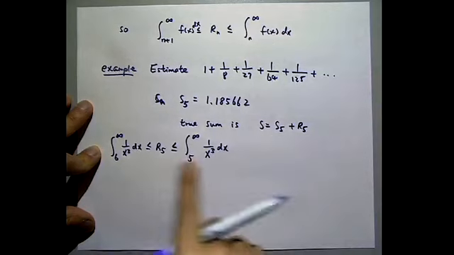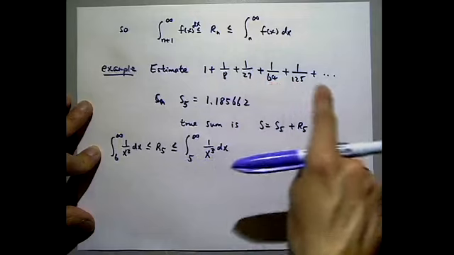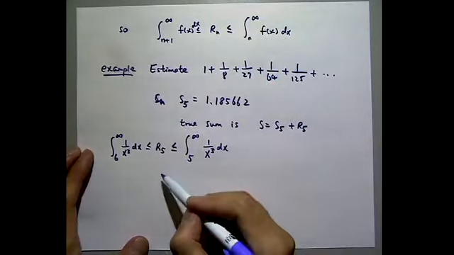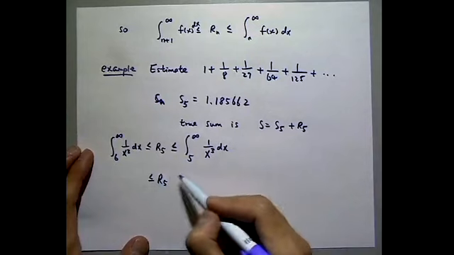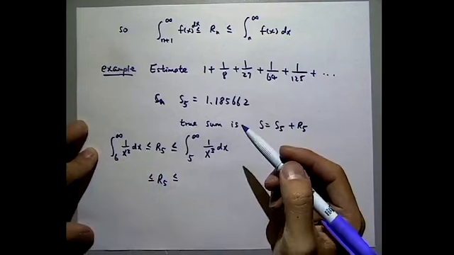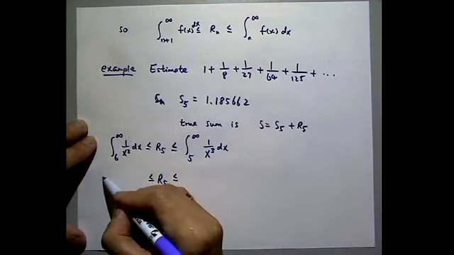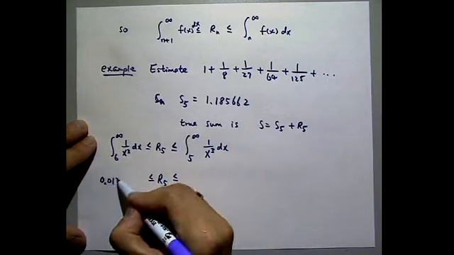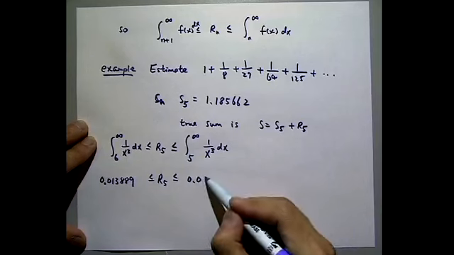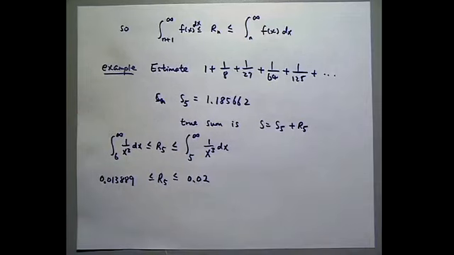And it's 1 over x cubed because this is 1 over n cubed. I calculated these two beforehand, and they are 0.013889 and 0.02. So this is the range of what I have thrown out of this series.